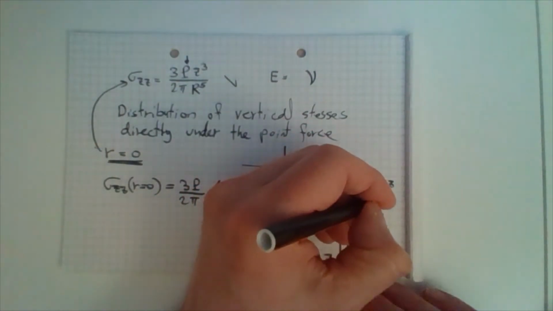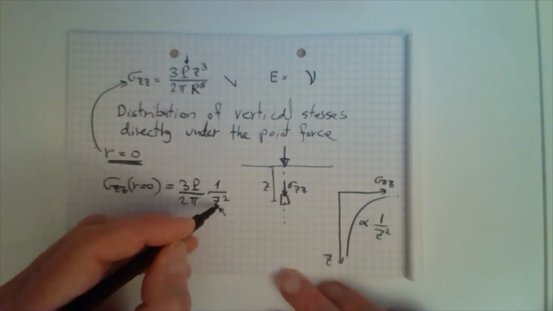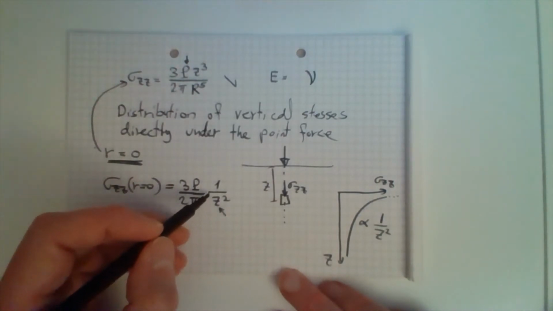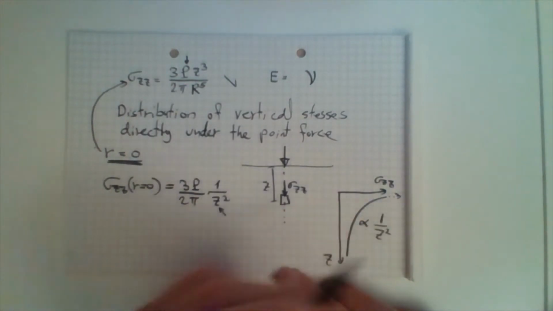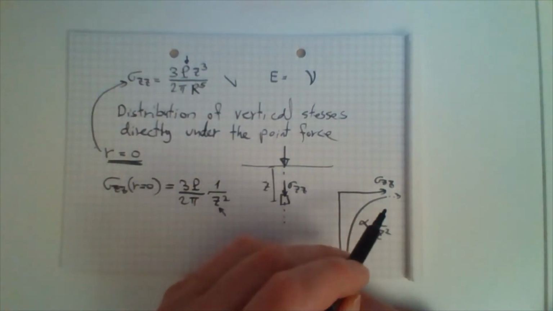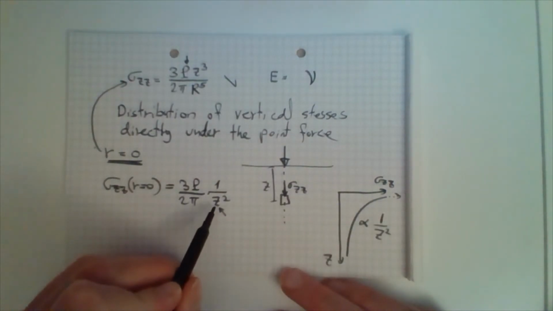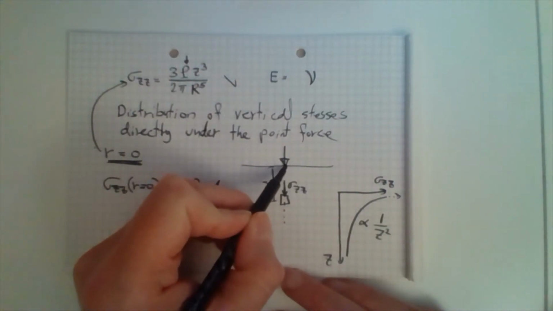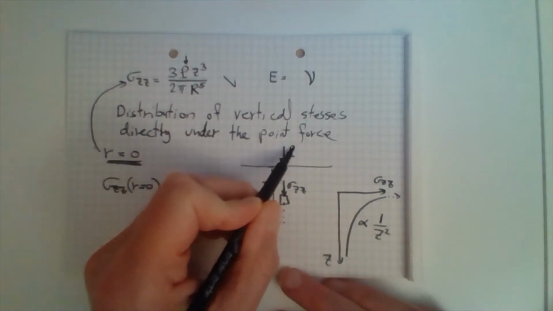And we can also see that if we approach the surface, which means that z is becoming smaller and smaller, getting closer to 0, the stresses explode and we have infinity. So there is a singular outcome for the surface, and that makes sense because the stress level directly below the point force is infinite.